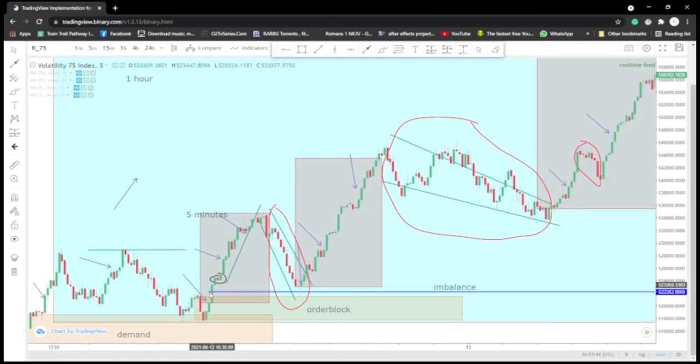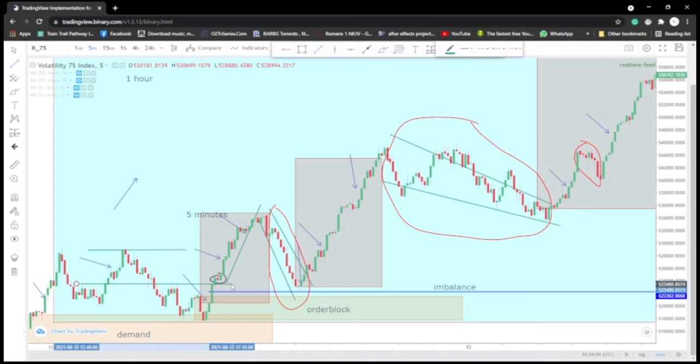So, and this long one, it creates an imbalance. And if you can check, it also gets confluence from the strategy, or the concept, that I will introduce: the swing high and swing low.